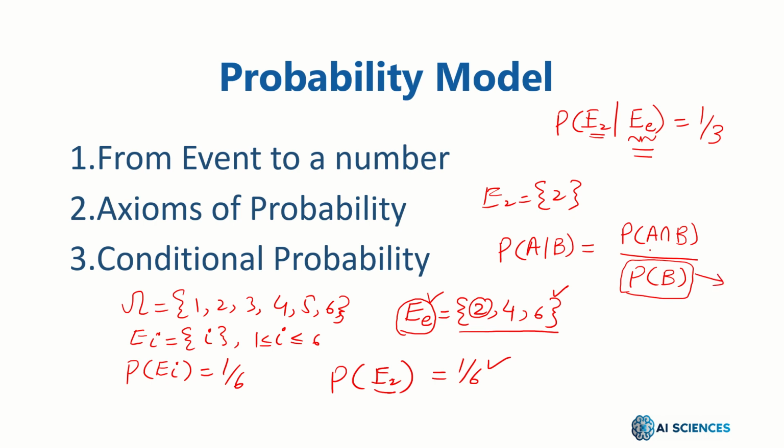B is acting as a sample space, and A intersection B is acting as an event from this particular sample space. We are not getting anything that is outside B. So that's what conditional probability is, in a very crude sense, in terms of events.